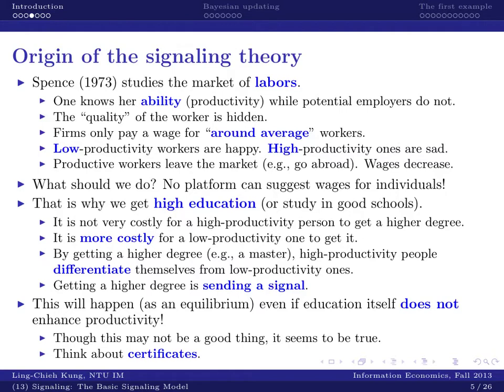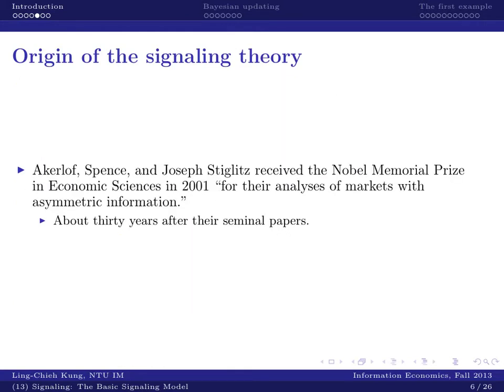You are differentiating yourself. So now we have the basic idea. For signaling, it means that the principal can do something to signal its type. The principal can do something to tell the agents that I am good, or do something that the other ones are not willing to do.